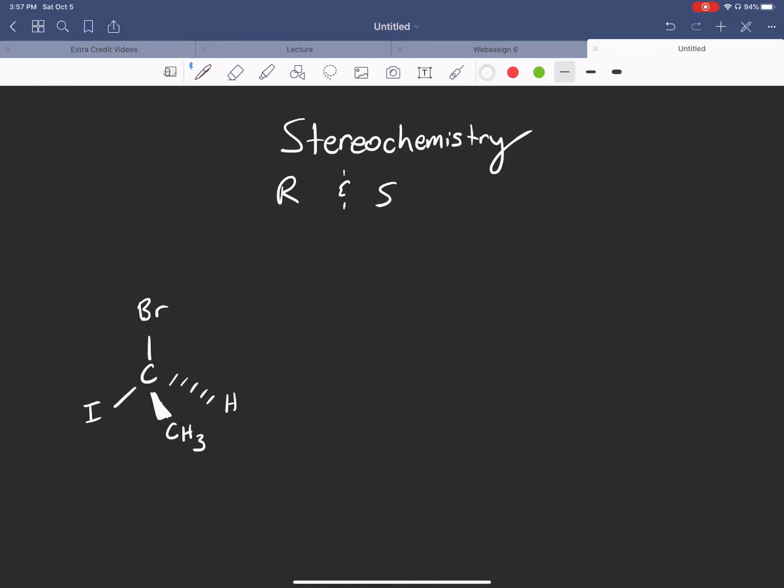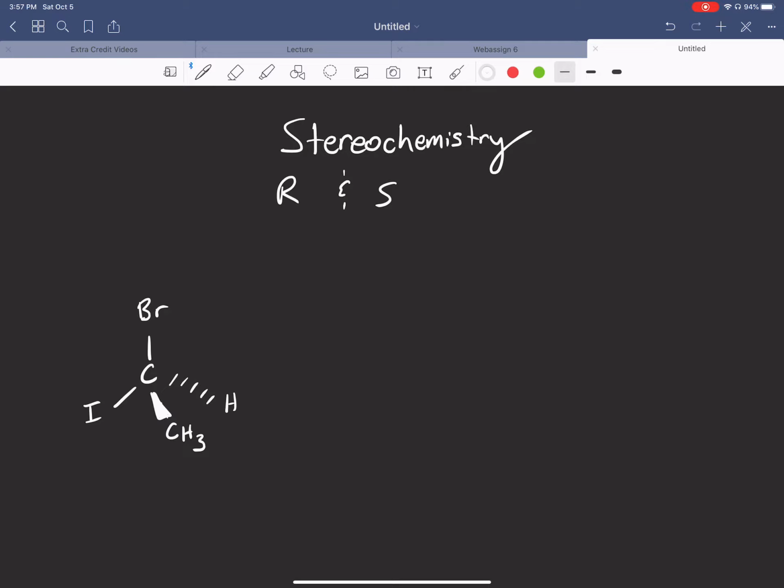If you have an isotope, so hydrogen and deuterium have the same atomic number but a different atomic mass, you use the one with the higher mass. That one gets the higher priority. So if you had a hydrogen and a deuterium on the same carbon, the deuterium would be higher priority, just because deuterium has more mass. So let's do that first.